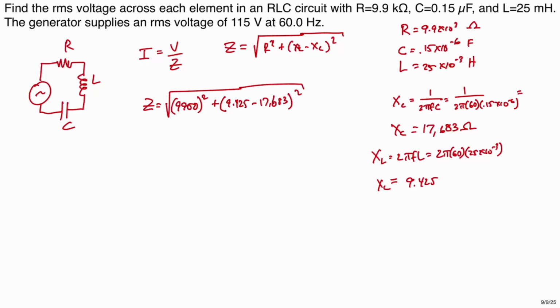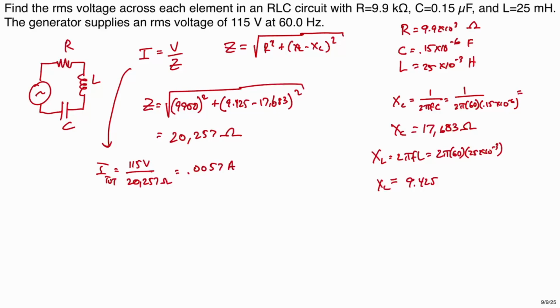This is equal to 20,257 ohms. So now I will go ahead and find the total current in the circuit. That's going to be 115 volts, all divided by 20,257 ohms. Gets me 0.0057 amps or 5.7 milliamps.